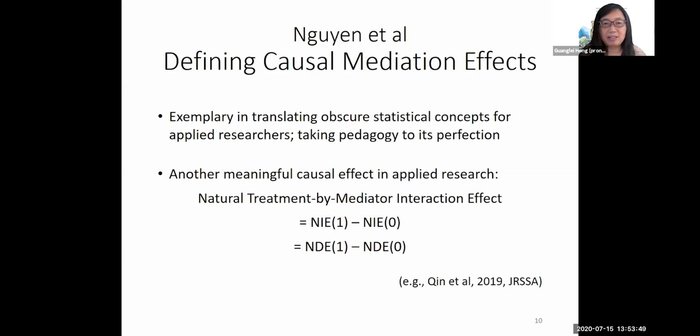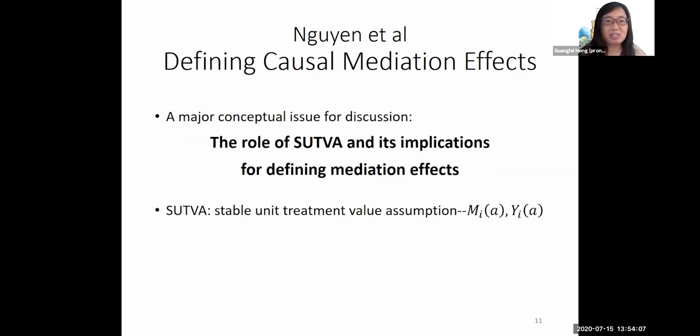Xu has a paper in JASA last year showing, even based on theoretical hypothesis, that the intervention-induced change in the mediator may have a larger value added to the outcome under the treated condition than under the control condition. So this is just a very quick point.